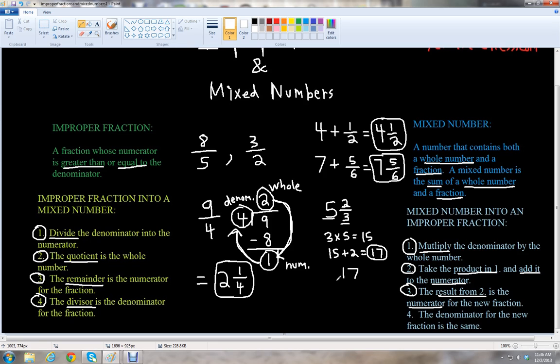So 17 over, now the denominator for the new fraction is the same. So what was the denominator in the mixed number? We had 3. So our improper fraction for 5 2/3, that mixed number, will give us 17 over 3, or 17/3.